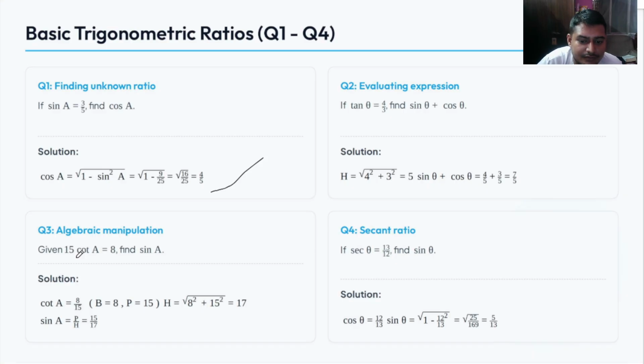Now, coming over here, tan theta equals 4 by 3. We have to find the sin theta and cos theta.